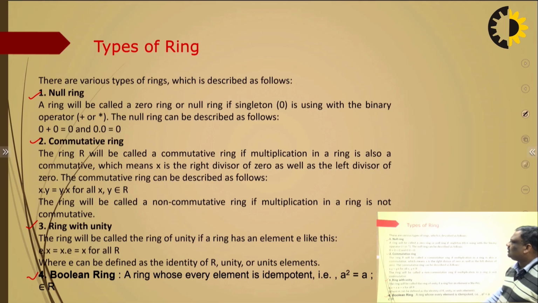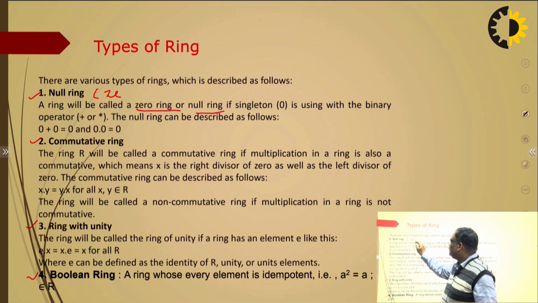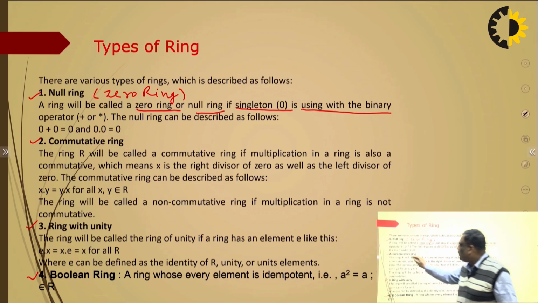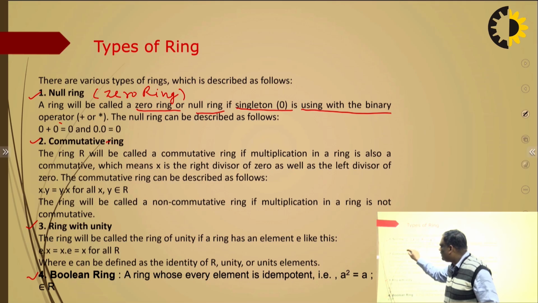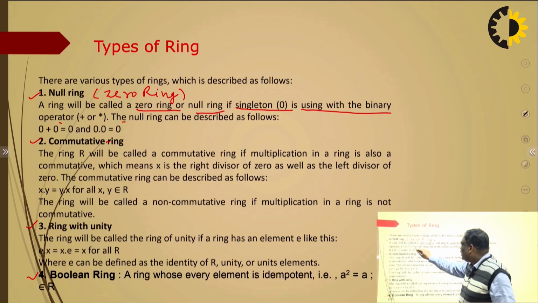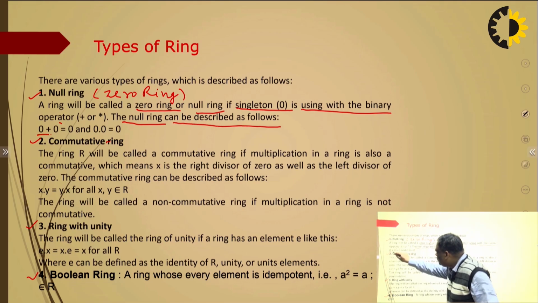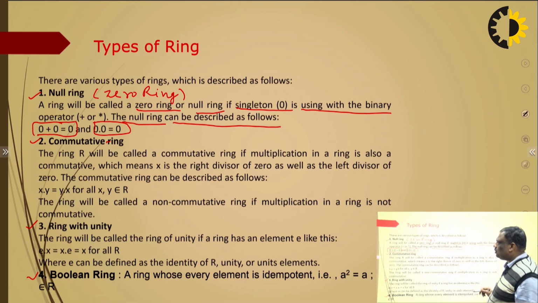A ring is called a zero ring or null ring if a singleton is used with the binary operation, that means the addition operation or multiplication operation. So we can say that 0 plus 0 is equal to 0 and 0 dot 0 is equal to 0. If we have this type of properties, we say that this one is a null ring.